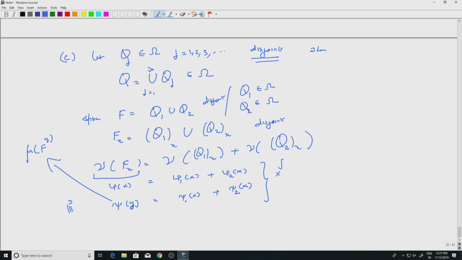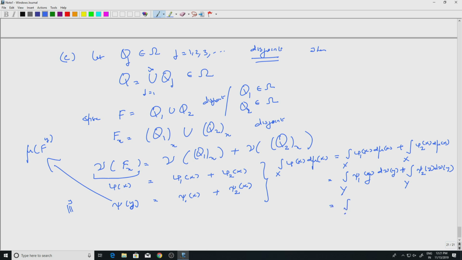So if I look at the integral over x of phi x d mu x, by linearity it becomes the sum of two things: integral of phi 1 x d mu x plus integral over x of phi 2 of x d mu of x, which is equal to, because phi 1 and phi 2 have the same property, because they come from Q1 and Q2 which are in omega, for which the theorem is true, the integral over y of psi 1 of y d nu of y plus integral over y of psi 2 of y d nu of y, which by linearity becomes psi 1 plus psi 2, which is psi.